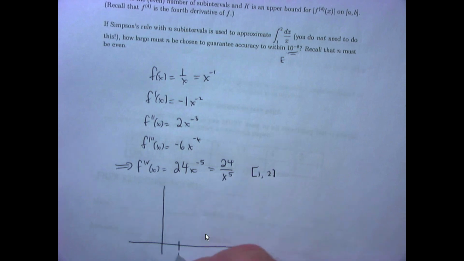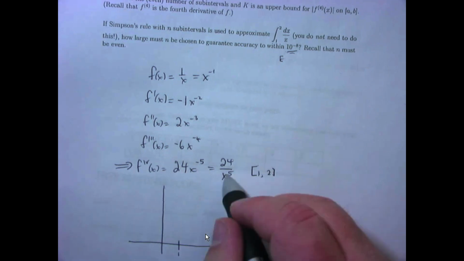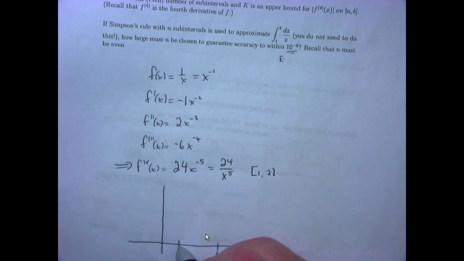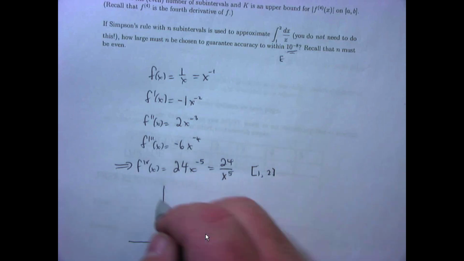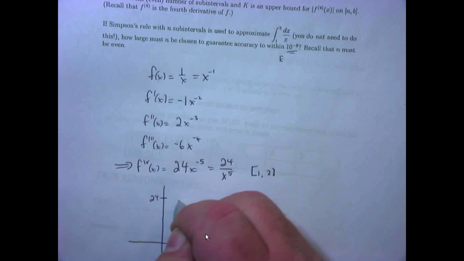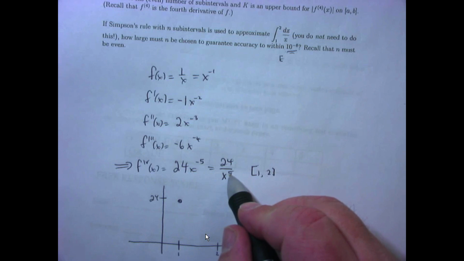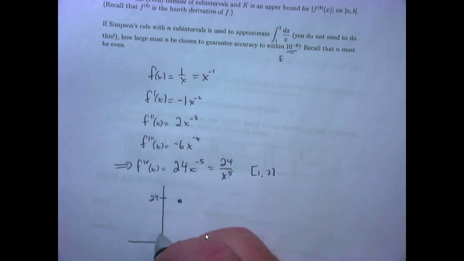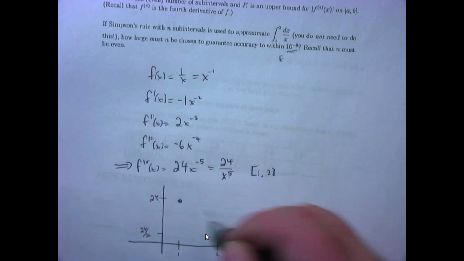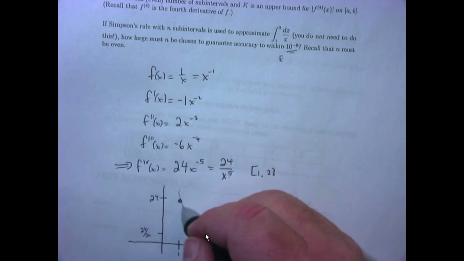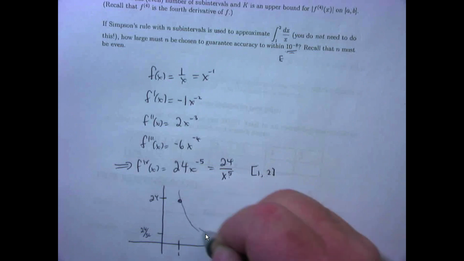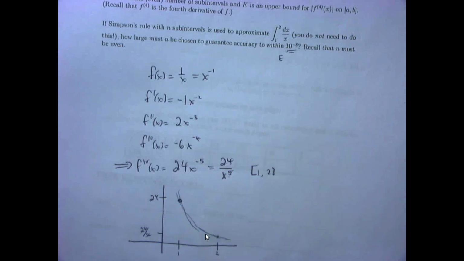If I graph this between 1 and 2, plug it in. 24 divided by 1 to the fifth. 1 to the fifth is 1. 24 divided by 1 is 24. That would be up here. At 2, 2 to the fifth is 2 times 2 times 2 times 2 times 2, which is 32. This will be 24 over 32, some kind of a fraction. And if you graph this, it looks like this.